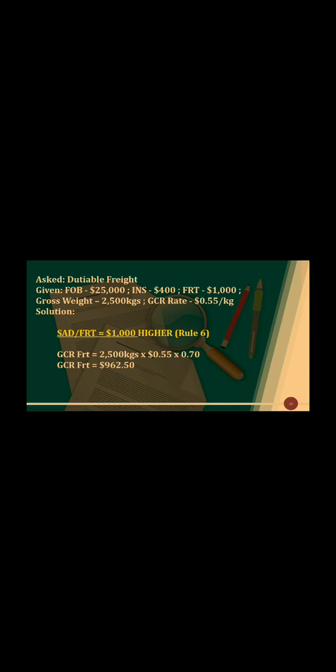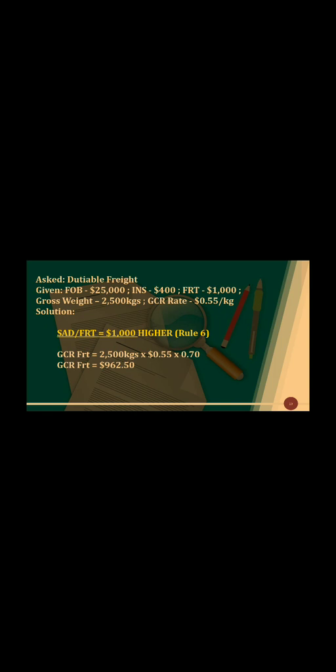What is asked is dutiable freight. Given is the FOB, which is $25,000. Insurance is $400. Freight is $1,000. Gross weight is 2,500 kilograms. GCR rate is 55 cents per kilogram.